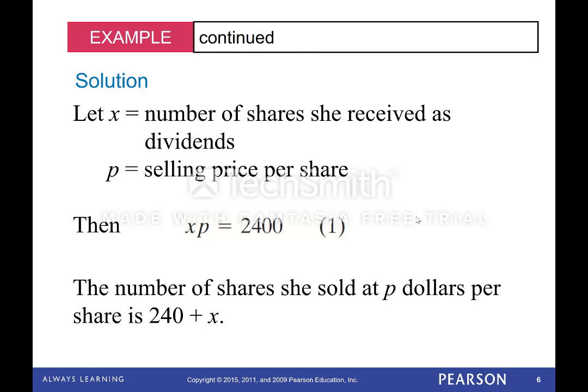So we're going to let X be the number of shares she received as dividends, P being the selling price. So grand total, if you're multiplying these guys together, because her dividends were worth $2,400 at the end, we have X times P is equal to 2,400. Now the number of shares she sold at P dollars were the 240 shares of stock that she had originally, plus the dividends.